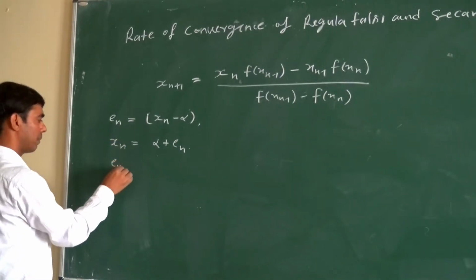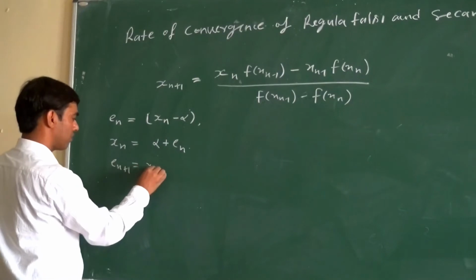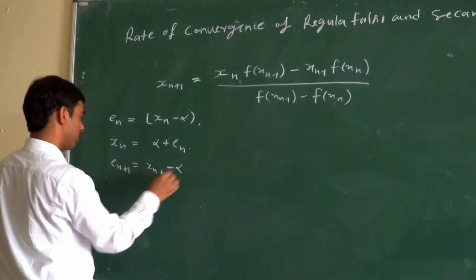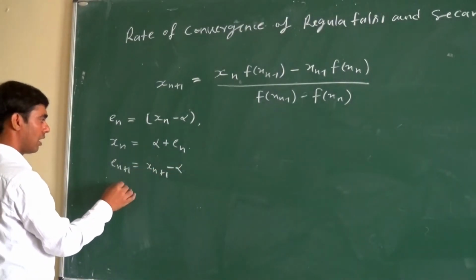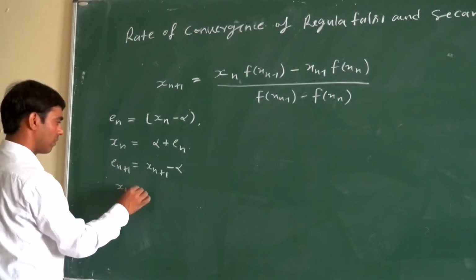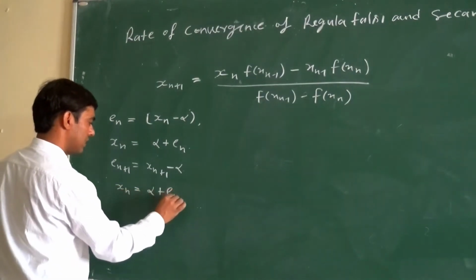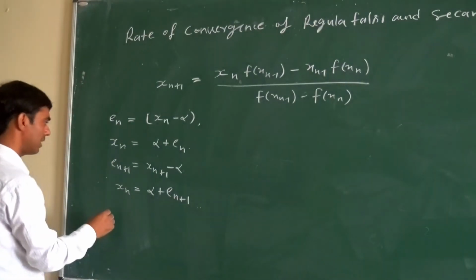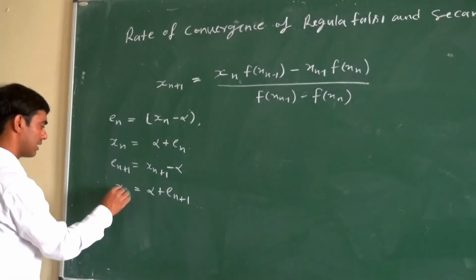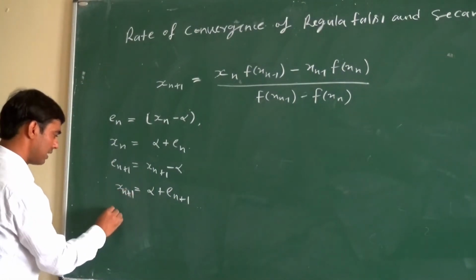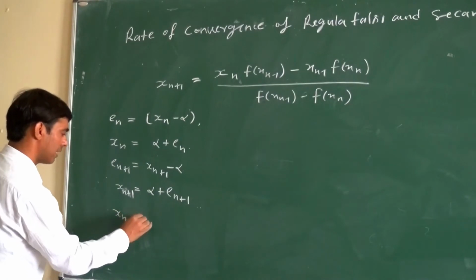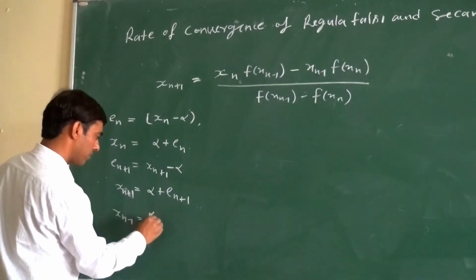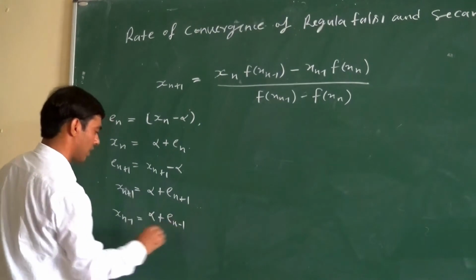En plus 1 equals Xn plus 1 minus alpha. Then xn plus 1 equals alpha plus En plus 1. Similarly, xn minus 1 equals alpha plus En minus 1.